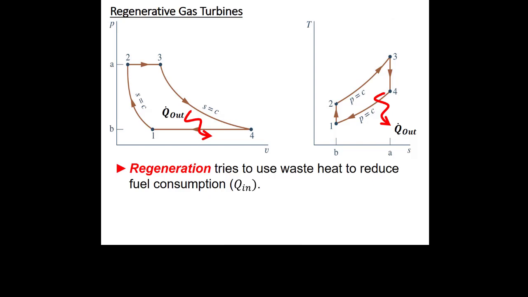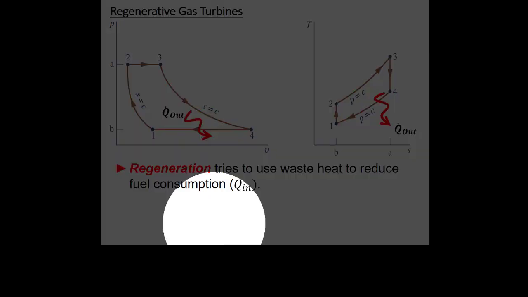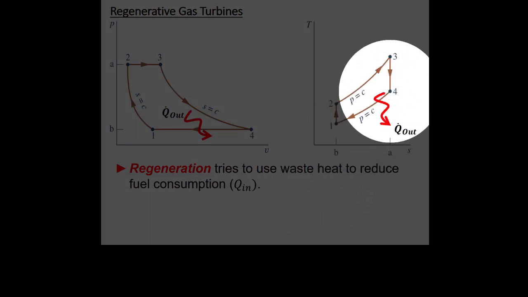Right, so in a regenerative Rankine cycle, what we did was we tried to use some of the heat we'd already paid for to preheat the fluid before it went into the steam generator. Right? Now for a Brayton cycle, it's kind of similar, but here, what we do is we have heat that's kind of being wasted.